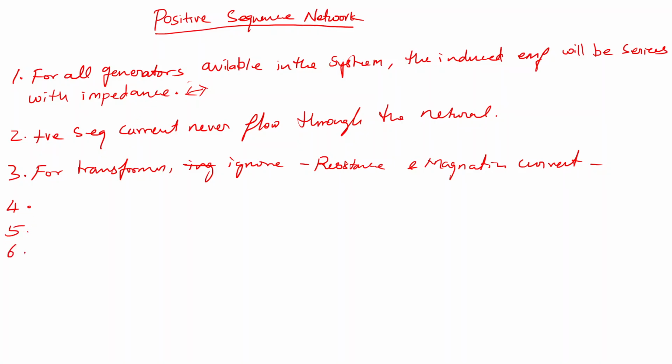Sixth point. Only the positive sequence network will contain EMF, because the generators are designed, as I initially said, in such a way that they are balanced. Its nature is to produce a balanced voltage or balanced EMF. So because of its nature, there is definitely no fault inside the generator.